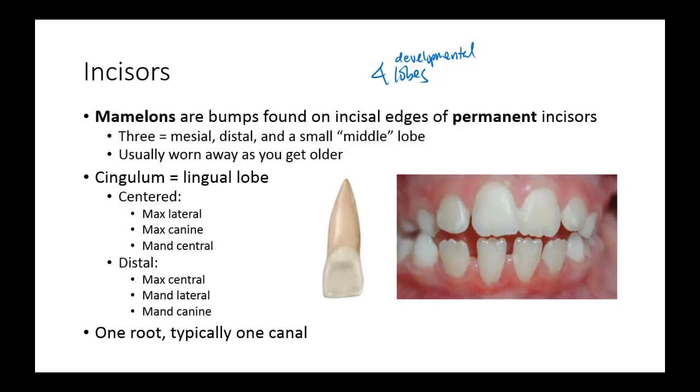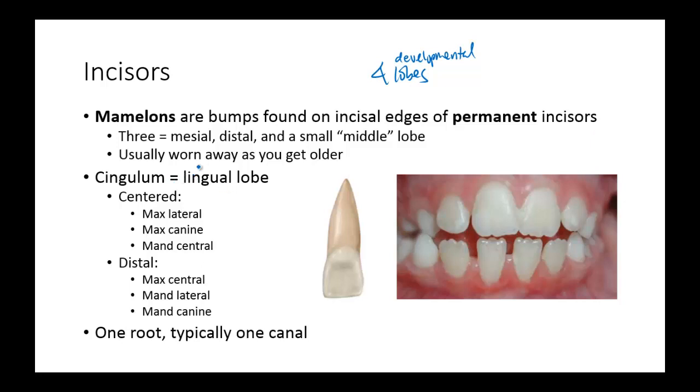And you typically only find mamelons on younger people or newly erupted incisors, because as you get older, normal attrition from eating is going to wear away the mamelons. So a clinical correlation would be, if you see mamelons on someone who's older, that would probably mean they have an anterior open bite or some other malocclusion, which is keeping the teeth from occluding properly.